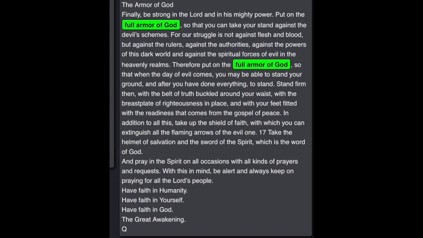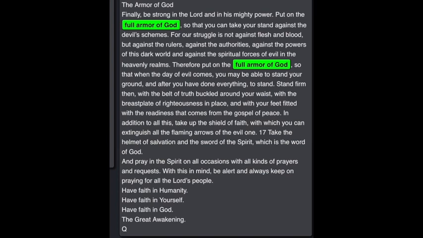Therefore, put on the full armor of God, so that when the day of evil comes, you may be able to stand your ground. And after you have done everything, to stand firm then, with the belt of truth buckled around your waist, with the breastplate of righteousness in place, and with your feet fitted with the readiness that comes from the gospel of peace.